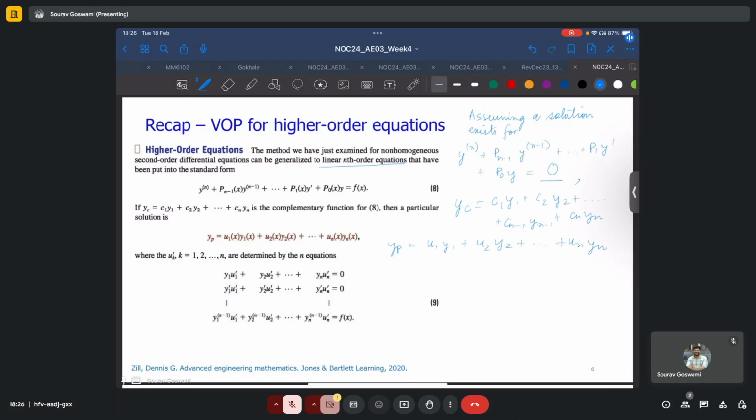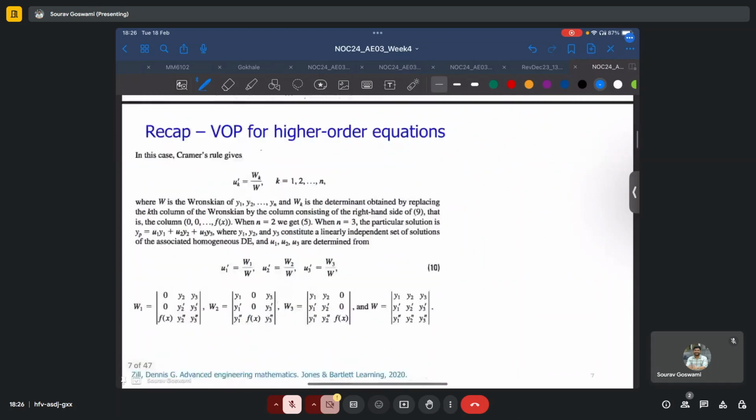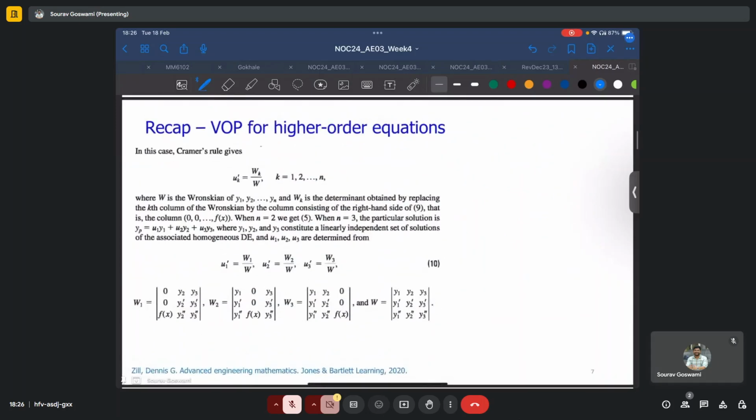They are indeed functions of the independent variable, which in this case is x. And so again we can have this matrix of equations given by 9, and utilizing Cramer's rule we can again obtain the derivatives of each of these functions and integrate them back to obtain the functions themselves.